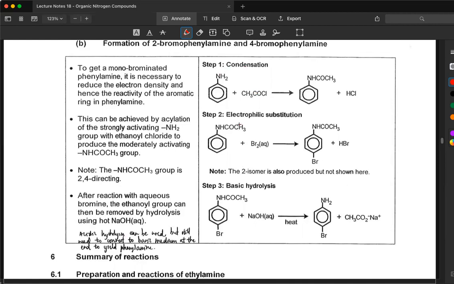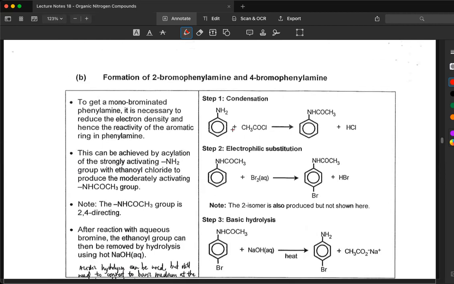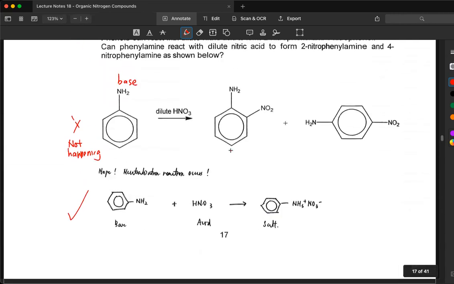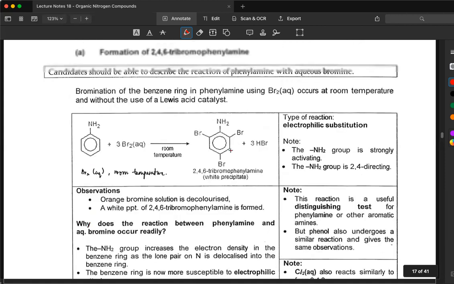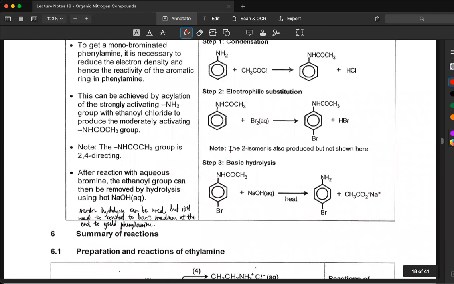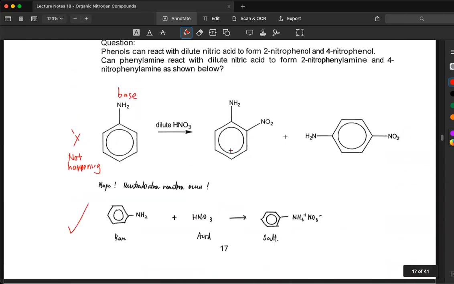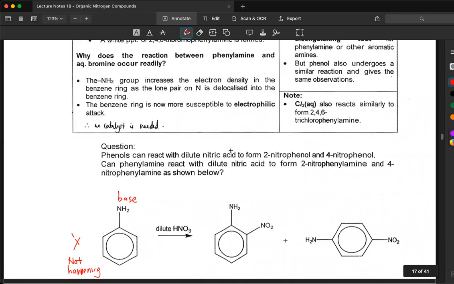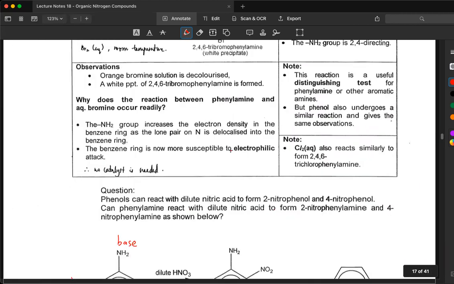All right. And then, because you want it to be 2,4 directing, correct? So you have to change it to the activating group, which is 2,4 directing. Before that, it's not. NH2 is not. For Br2, it's different from just now.